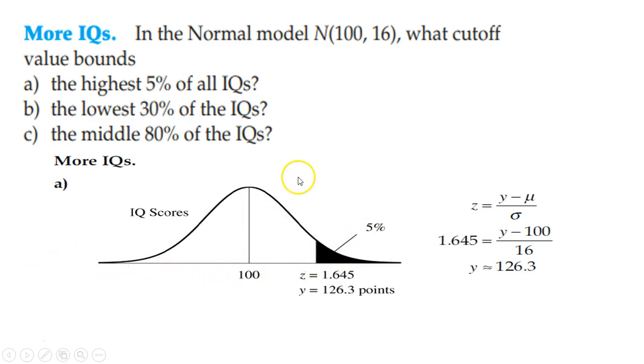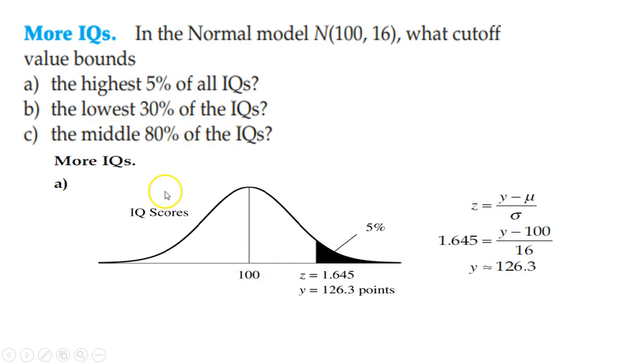So you would go to inverse norm, plug in 0.95, comma 100, comma 16 to get to this right away. Or you could obviously just do inverse norm 0.95, and then it would spit out the z-score right away because you would be using the normal model of 0, comma 1.